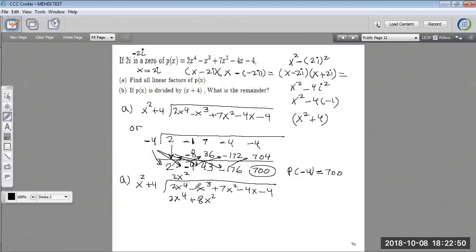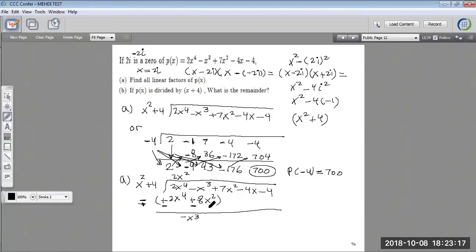Okay, and then you need to subtract to find the remainder. If you recall, when you distribute this minus, the subtraction would change the sign to its opposite sign. So I get minus x to the power of 3 here.